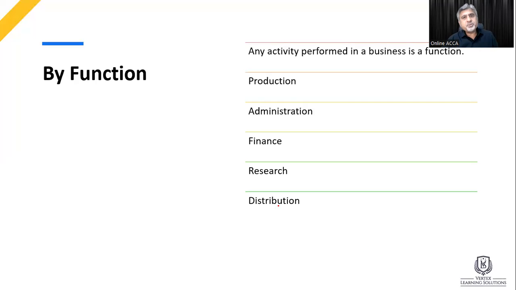Then you have a distribution department which distributes the products. You have made the products, that's understandable, but the next step is, how do we take these products to the customer? In some businesses, distribution cost is not significant because they don't distribute the product to customers, like a bank or insurance companies.